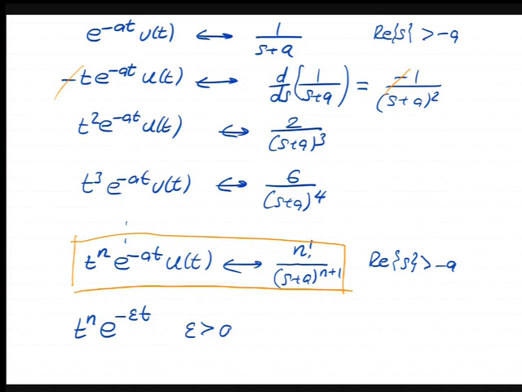Even if epsilon is 0.0001, right? That even weakens the exponential, but still, when t gets large enough, it will be able to beat out the polynomial growth. Exponential always beats out polynomial. So therefore, the fact that I multiplied this by a polynomial means nothing in terms of convergence, right? So after a finite amount of time, it will act just like an exponentially decaying function. So the convergence will therefore depend on the exponential part, and nothing's going to change here.